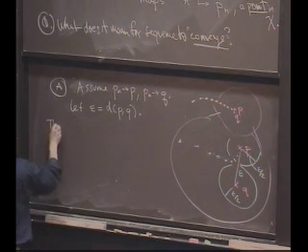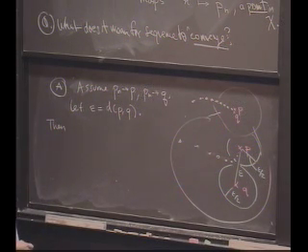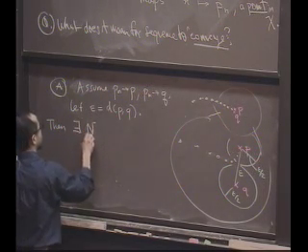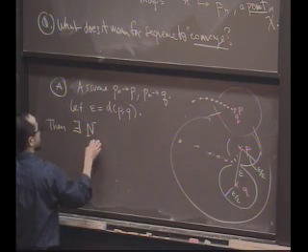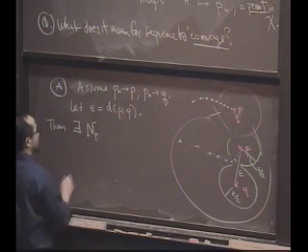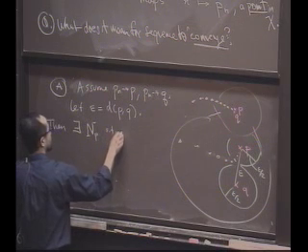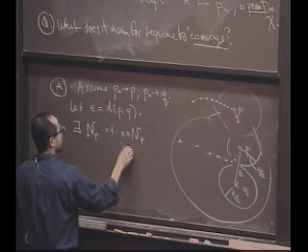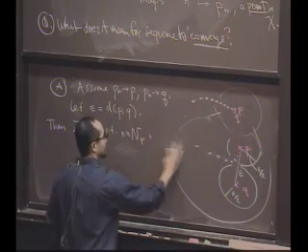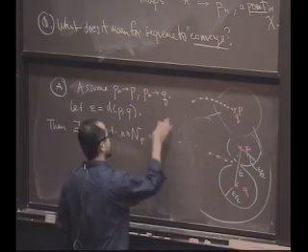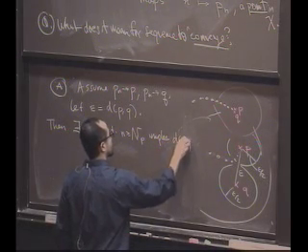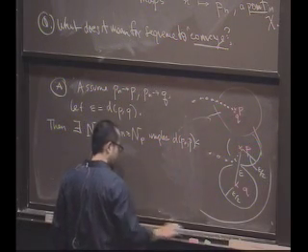Then, because of convergence, that's my epsilon. There exists an n, let's call it n sub P, the one associated with P, such that little n bigger than n sub P implies the distance from Pn to P is less than, what am I going to put here?